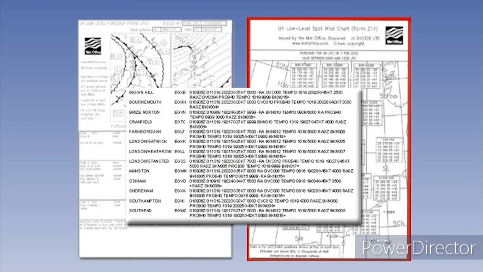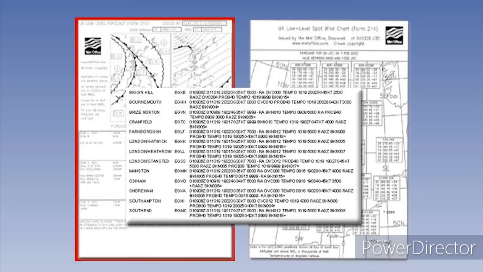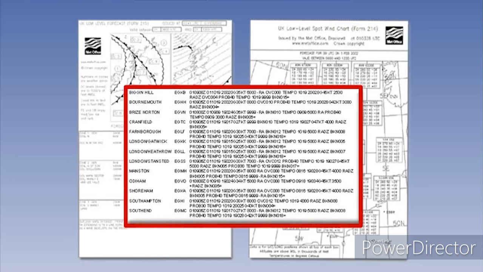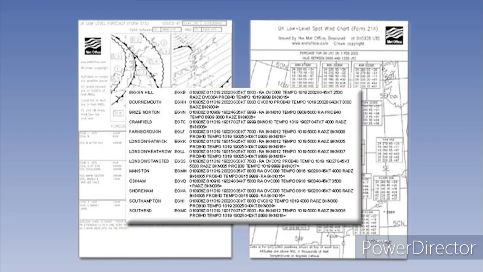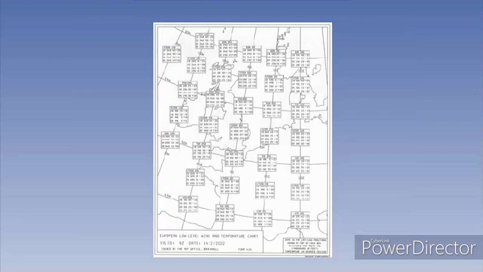Although the 214 has a lot of information pertinent to flight planning, you'll still need to supplement this with other forecast charts, such as significant weather charts and the relevant TAFs and METARs. The Met Office in the UK also produce a European spot wind chart called the Form 414.